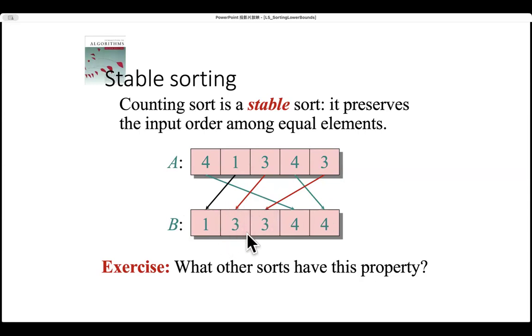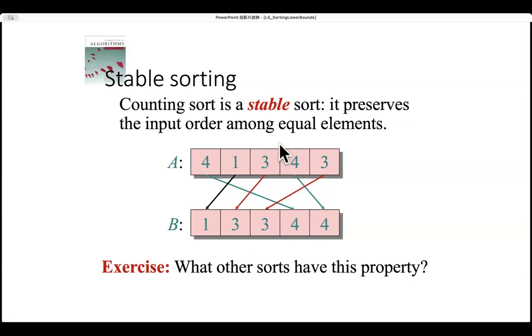This is not a coincidence. We also have two 4s, and you see that the leading 4 ends up at index 4, and the second 4 ends up at index 5. Again, the 4 that appears in the front of the original input remains in the front.